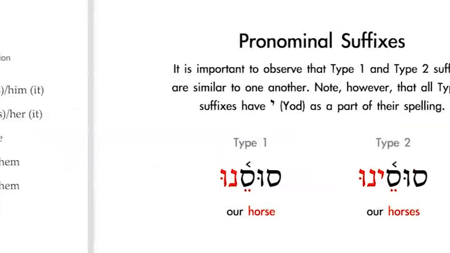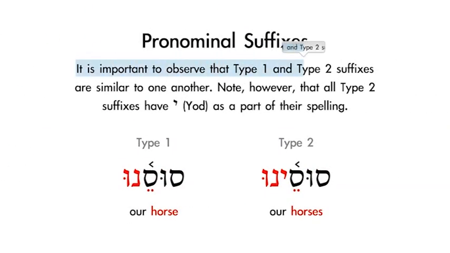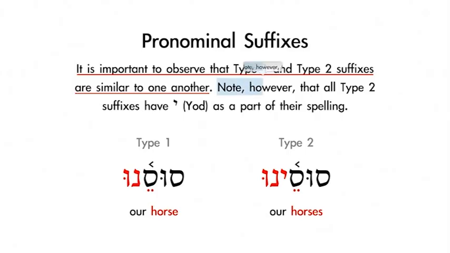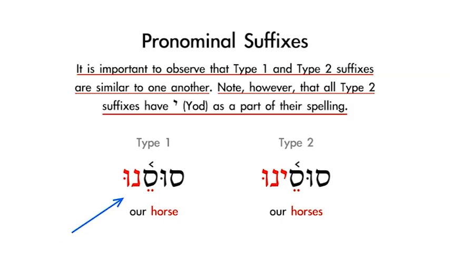We'll do it later. It is important to observe that type 1 and type 2 suffixes are similar to one another. Note, however, that all type 2 suffixes have yod as part of their spelling. Now, we said that before, but we're going to point it out here in detail. You can see that in the first example on the left, we have the noun sus with a 1cp pronominal suffix, meaning our horse.